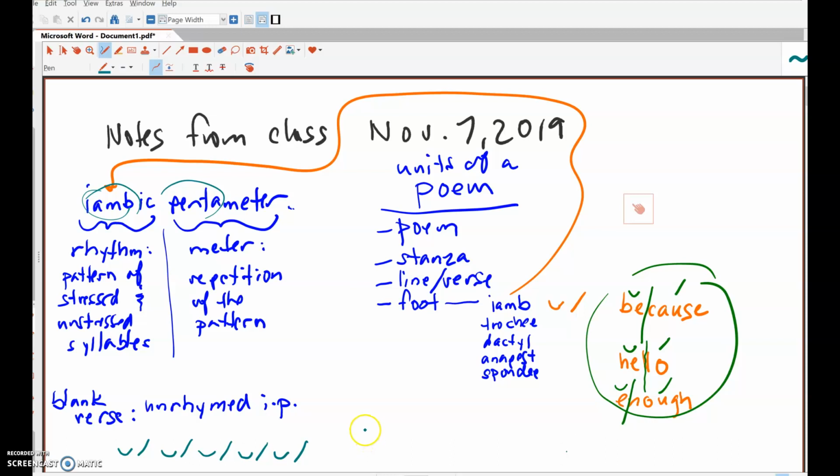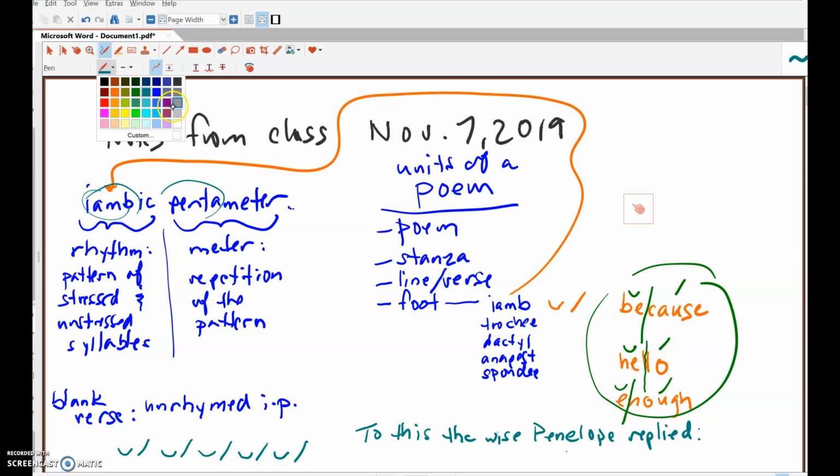To this, the wise Penelope replied. So this is an example. This is right at the equator on page 367. This is a line of iambic pentameter. There are 5 repetitions of the iamb.